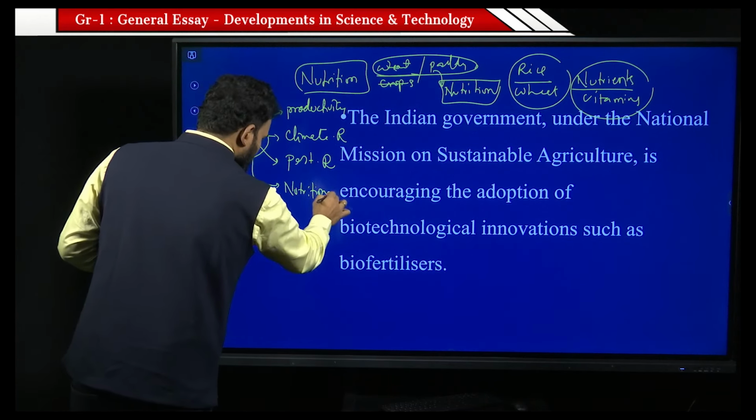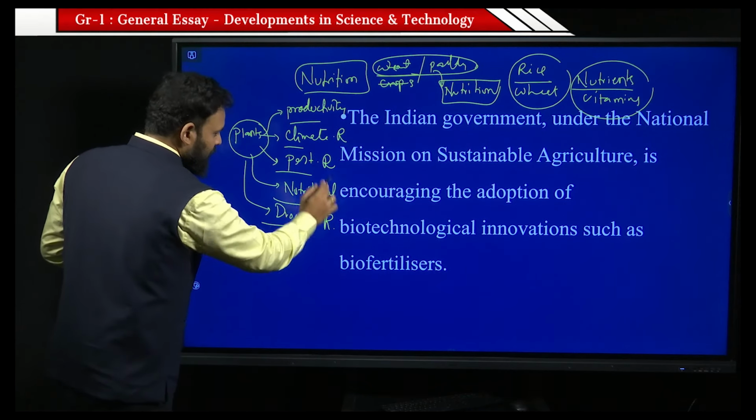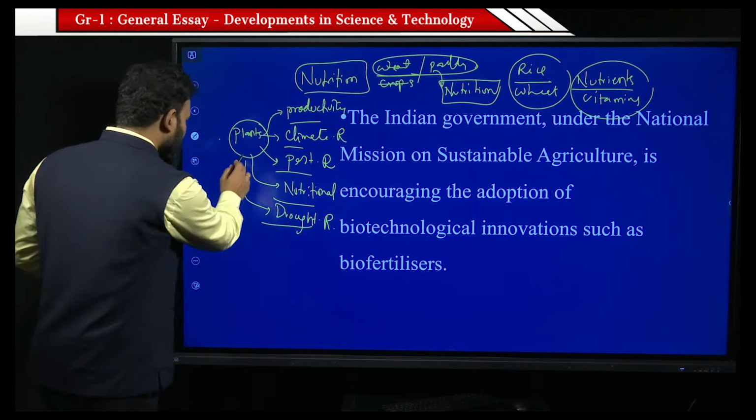So all these things, productivity, climate resistant, pest resistant, drought resistant, all these possibilities can happen when you bring biotechnology into the field of agriculture. So remember all these points: productivity, climate resistant, pest resistant, drought resistant, increasing the nutrition, the quality, even the taste also can be increased, making it more attractive to the people.